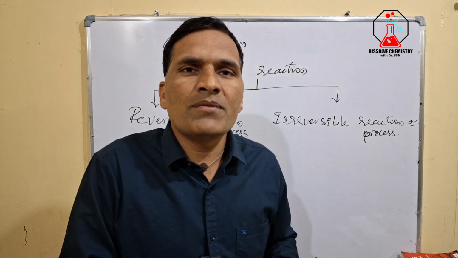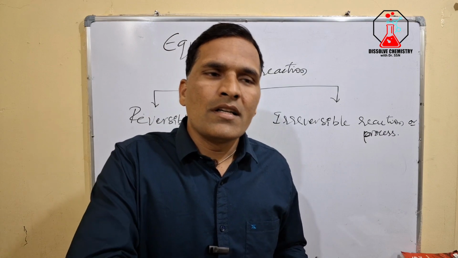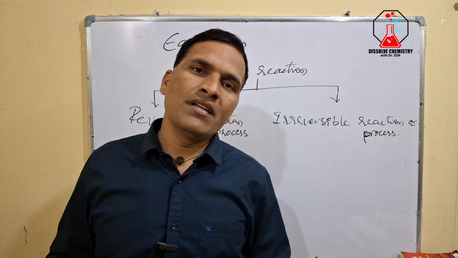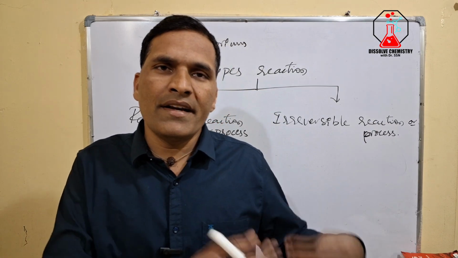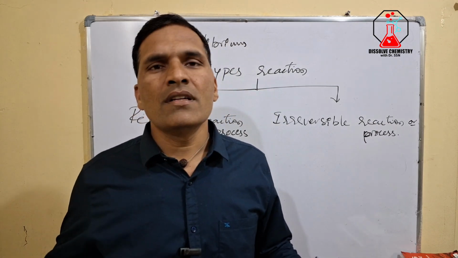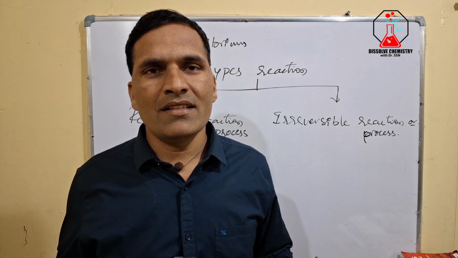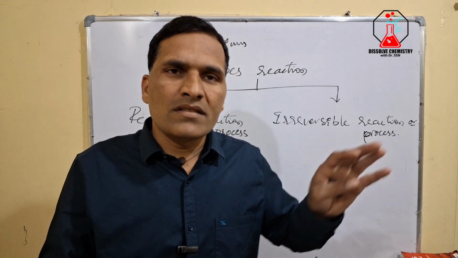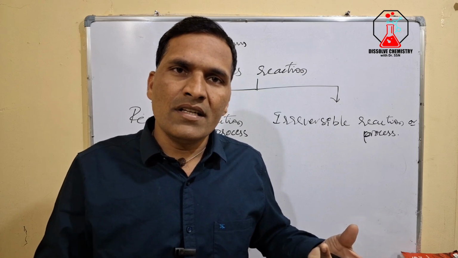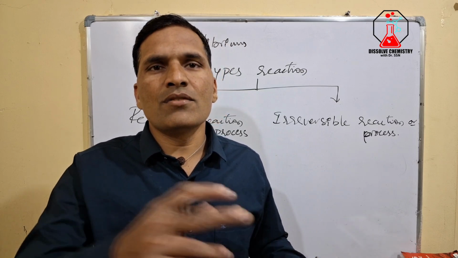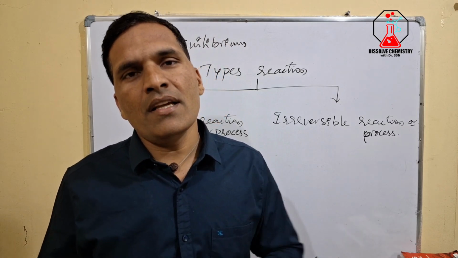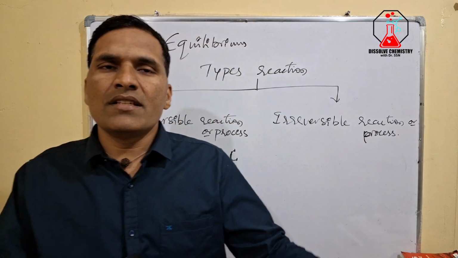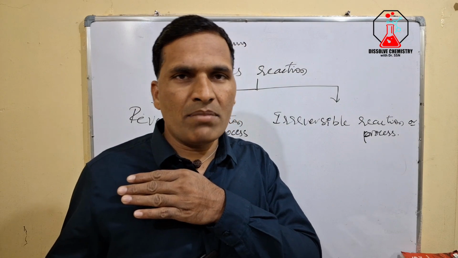C also develops a tendency to convert back to the reactants A and B, or it decomposes, or it reacts back to give A plus B once again. If you directly start with C, then C will have a tendency to form A plus B. A plus B have the tendency to form C. C has a tendency to react back to give A plus B.